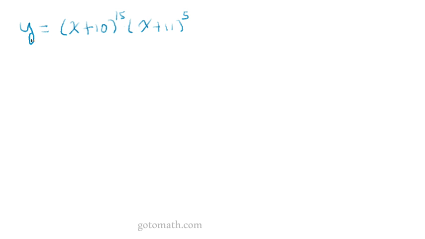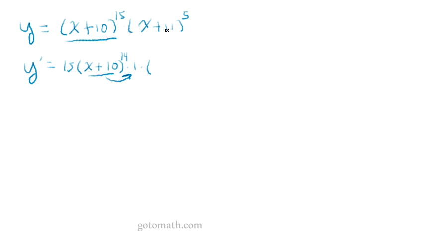We're looking at the product rule, and the way it goes is we take the derivative of the first function first. So we take the 15, bring it out front, subtract 1 from the exponent, so that makes it a 14, and then take the derivative of the inside and bring it out. The derivative of x plus 10 is just 1, right? Derivative of x is 1, derivative of 10 is 0.